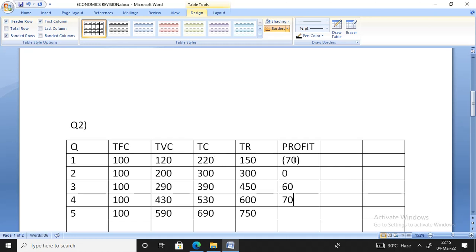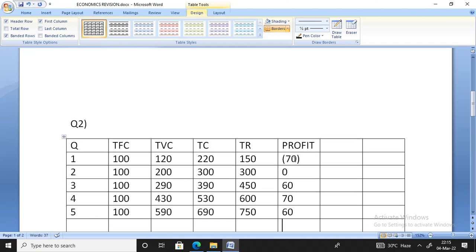Then 750 minus 690, again you have 60. So the output level that is giving the maximum profit, as we can see, is where the profit of 70 is the maximum. So the maximum output is 4 chickens. When you sell 4 chickens, you have the maximum profits.